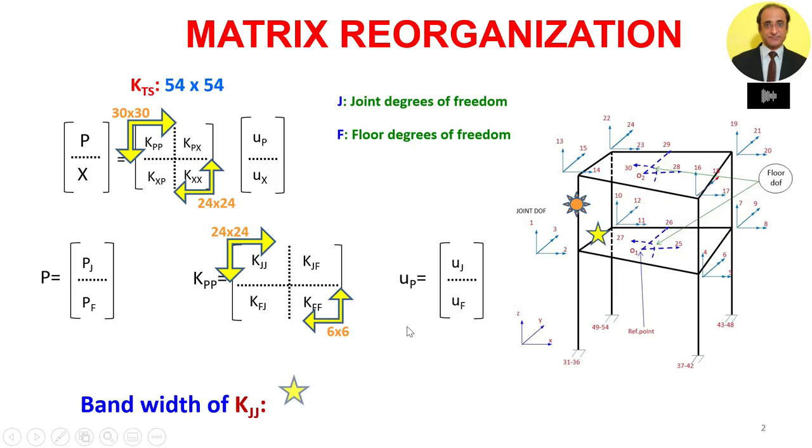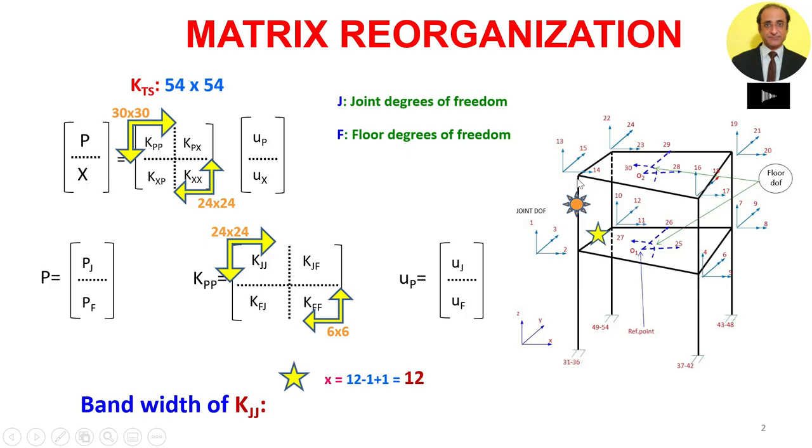So for example, for the member marked star, which is the beam, when we find out the parameter x, then the highest degree of freedom will now be 12. It will not be 27, but it will be 12, and the minimum degree of freedom is 1, so x is coming out to be 12.